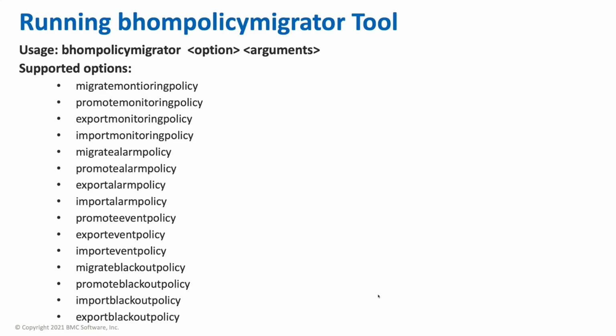And I wanted to give you at least a screenshot or an idea of how the BHOM policy migrator looks like. So the BHOM policy migrator is a command line utility that allows you to, as we said, migrate monitoring policies, promote monitoring policies, export monitoring policies within a BHOM system, all from the command line.